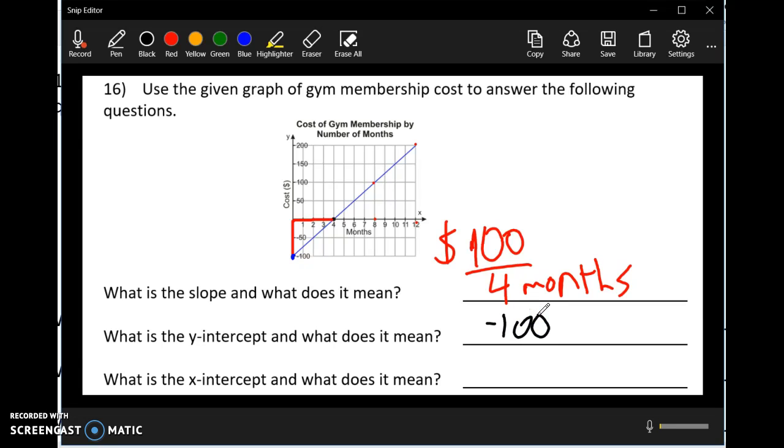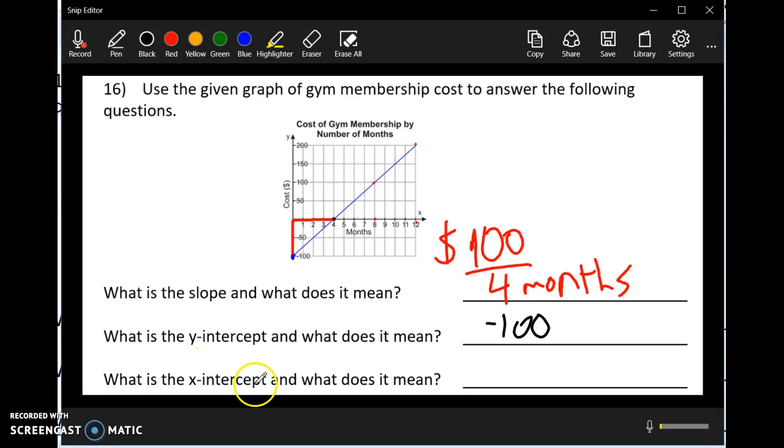Well, that means my gym membership, I saved $100, which means like sometimes when you sign up, they'll say a certain amount of the months are free. So it probably means the first 4 months are free, or they don't necessarily pay me $100, but I don't have to pay $100. So I would say the first 4 months are free.